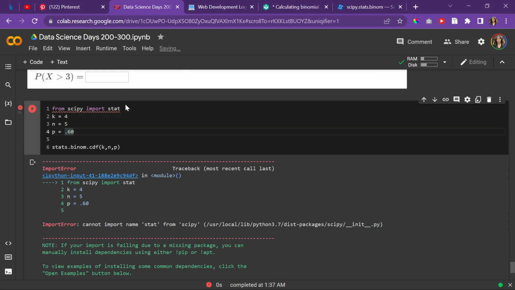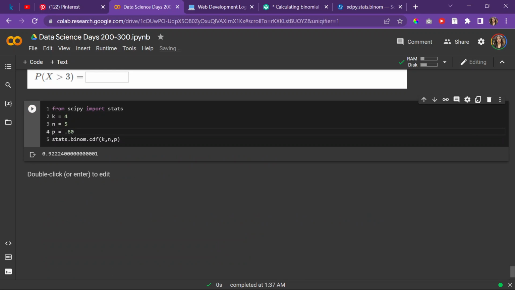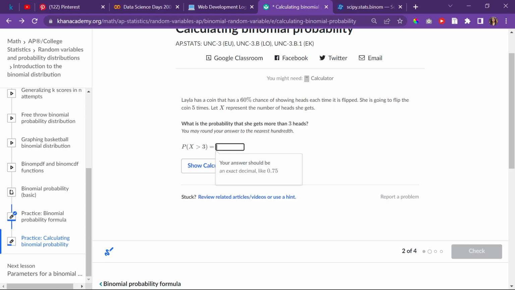What now? So if we round that, that would be 0.92. And it's asking for greater than, so that would be 1 minus that, which is 0.08.